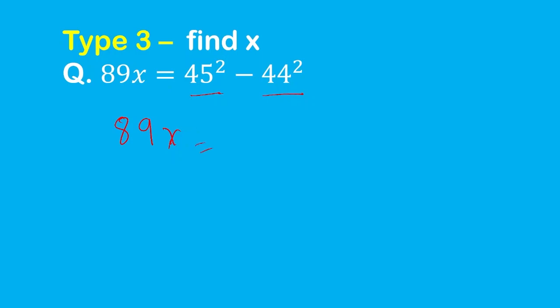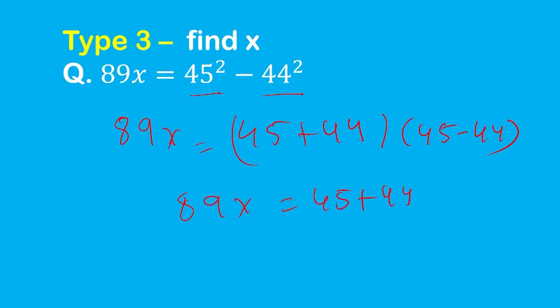A plus b into a minus b, that is 45 plus 44 into 45 minus 44. And to make things even shorter, 45 minus 44 is 1, so 89x is basically 45 plus 44, which is 89x is equal to 89, which will give us x is equal to 1.